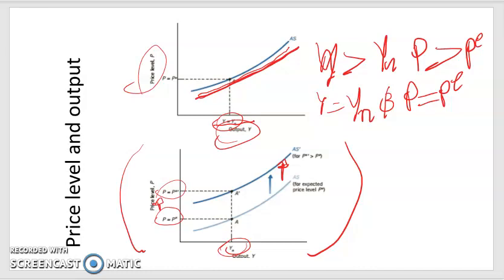An increase in the expected price shifts the aggregate supply curve up, as indicated here. A decrease in the expected price level will shift this curve in the opposite direction, downwards.